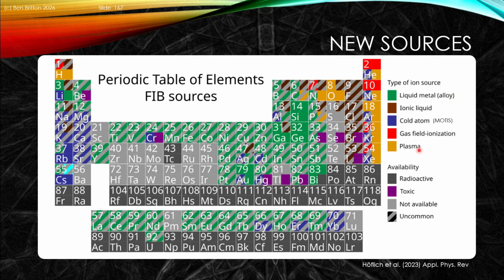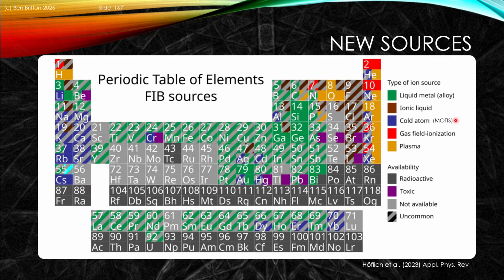You can also have the plasma-based sources. We've seen those. That was how the xenon FIB was formed, and there are a few alternatives that can be seen. The other one that we have seen effectively is the gas field ionization. That's how the helium ion microscope was being formed. That was having a very sharp needle, and then you use gas field ionization for atoms that effectively adsorb to the surface of the tip, and then you get the trimer, and then you get the formation of the ion stream.